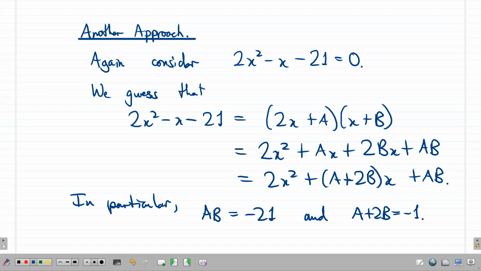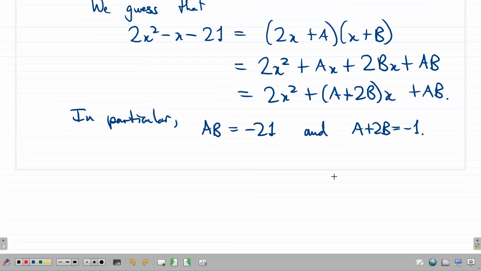This first part is quite important. AB equals minus 21. What we've got is an integer times an integer equals minus 21. So each of capital A and capital B have to divide into minus 21, and their product has to equal minus 21.